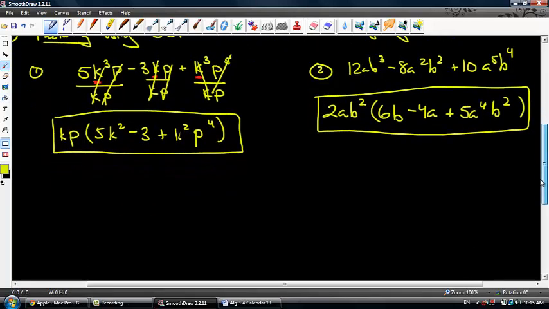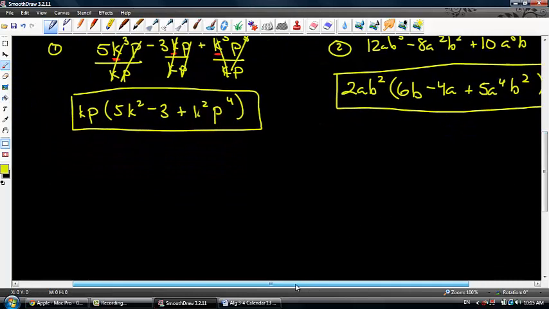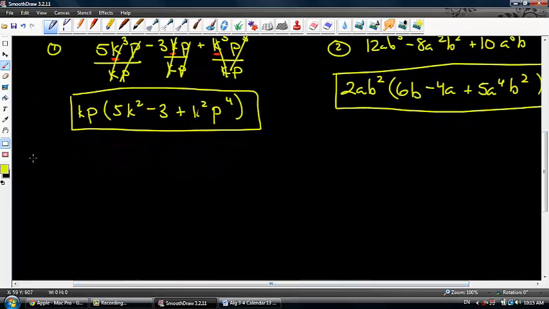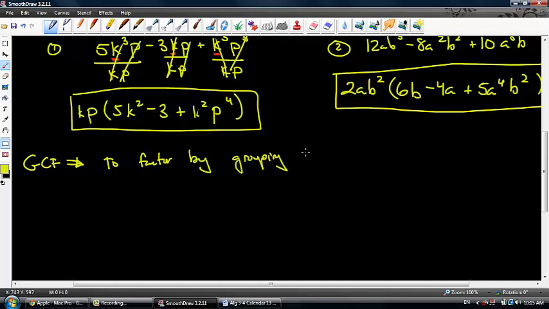Okay, factoring using GCF. The reason why we teach you this is for a couple of reasons. Primarily, GCF is used to factor by grouping, and that is primarily used for 4-part polynomials. So let me give you guys an example.